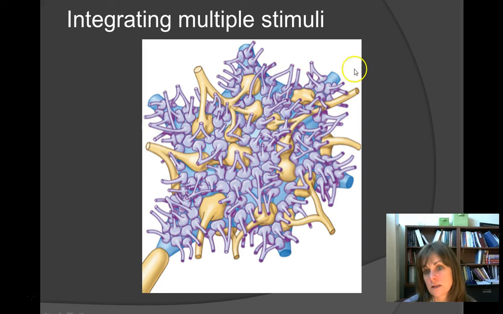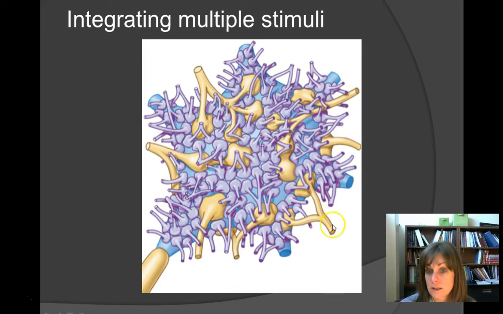So what this means is that this postsynaptic neuron may be getting a signal to be stimulated from one presynaptic neuron, but another one might be saying, no, inhibit.